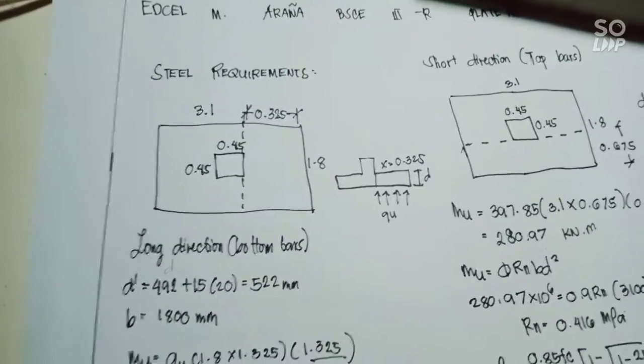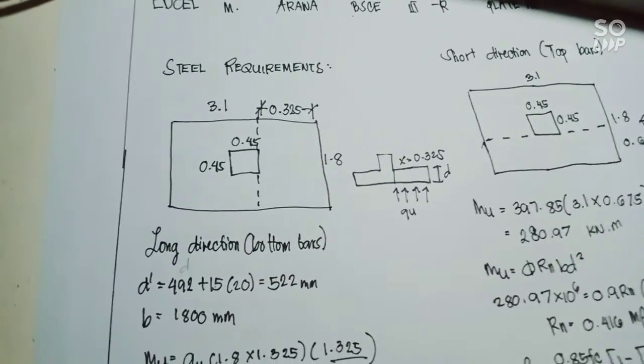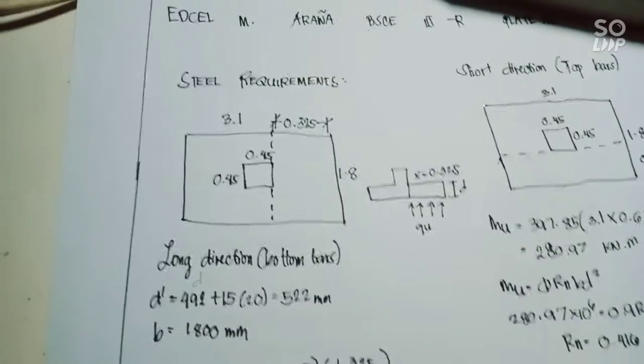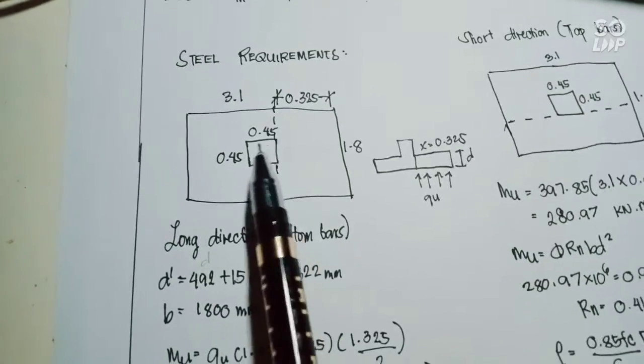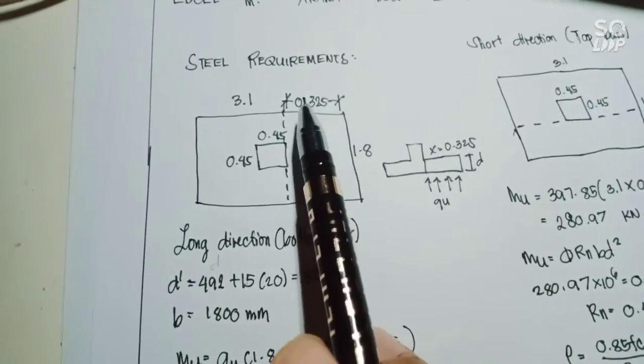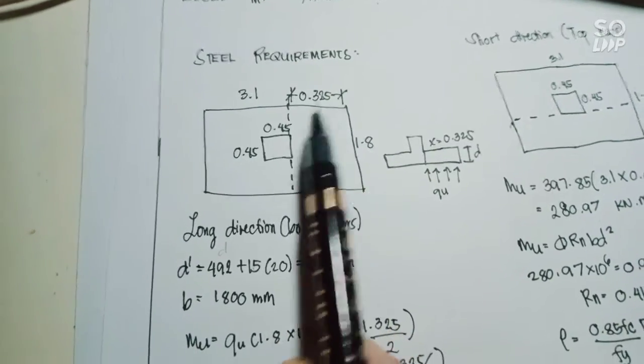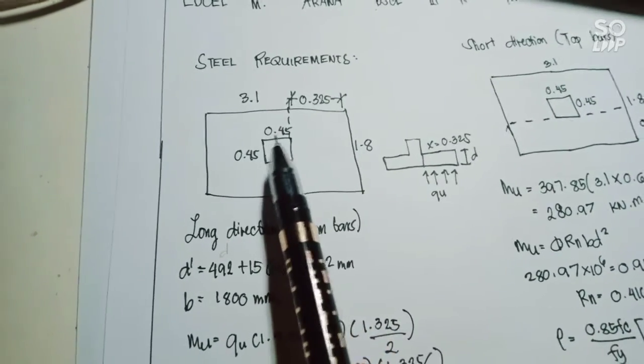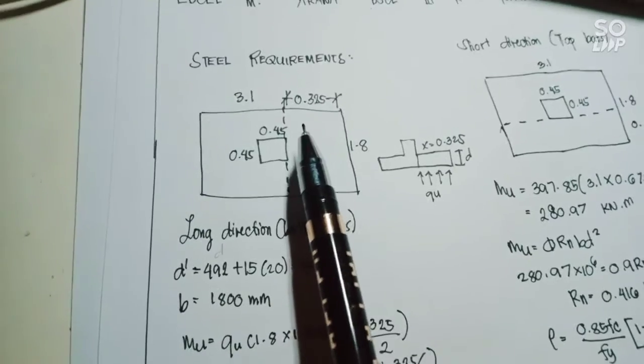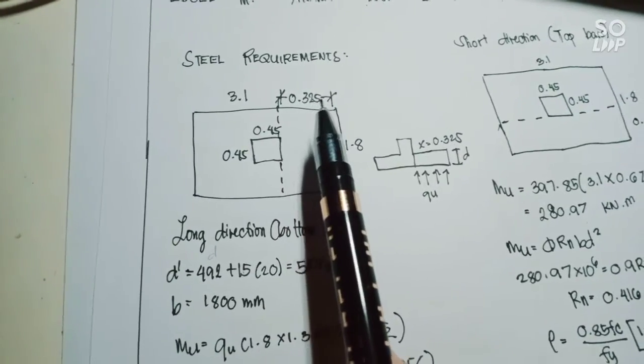So for the steel requirement, to find the d, we need to use this equation from this figure. So we get 0.325 by 3 minus 1 minus 0.45 divided by 2, that is equal to 0.325.